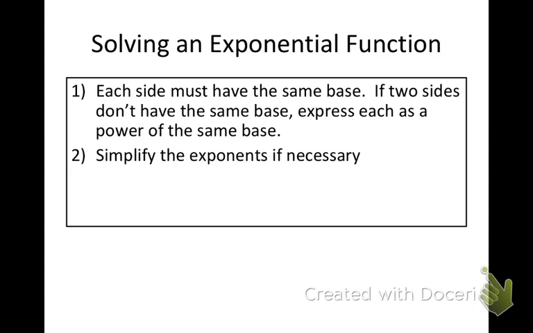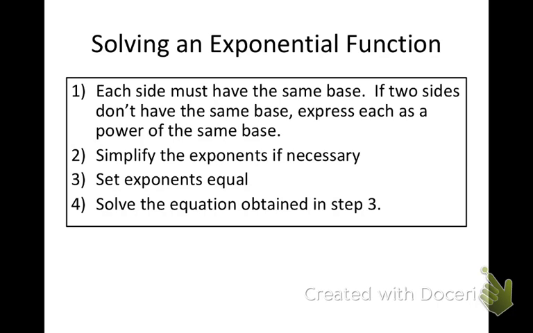All right, number 2, you're going to simplify the exponents if necessary. The only time that you would have to simplify your exponents is if you had to re-express each base, which would then change the power. And then number 3, you're going to set the exponents equal, and then number 4, solve the equation obtained in step 3.